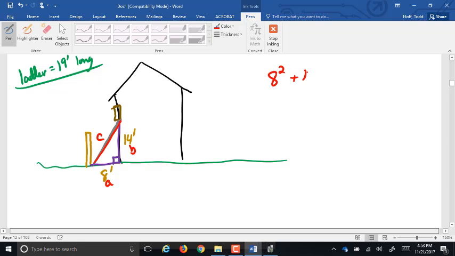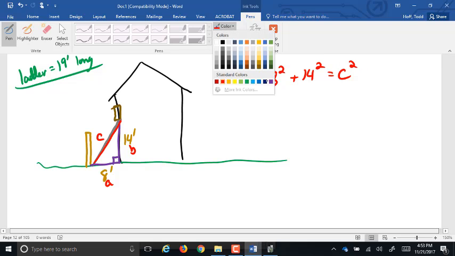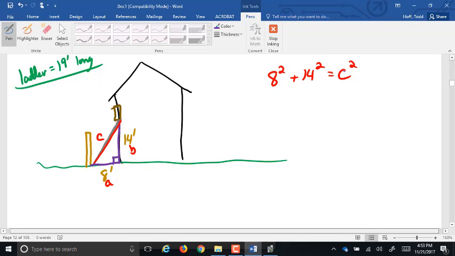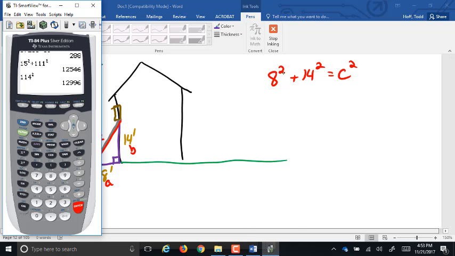So we have 8 squared plus 14 squared equals C squared to find side C. Now I'm going to show you a trick to punch this in your calculator. You can do it all at once. Before you do the 8 squared plus 14 squared, you do the square root. I type in square root, and then it's 8 squared plus 14 squared. And now my calculator will do this all at once for me.